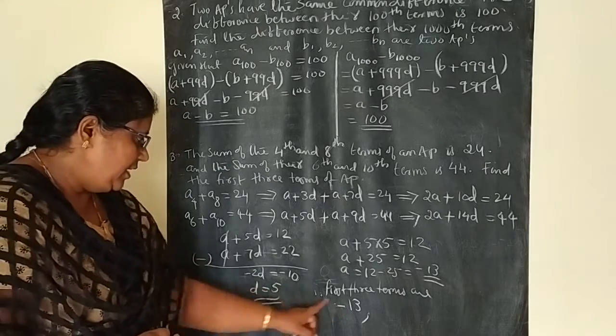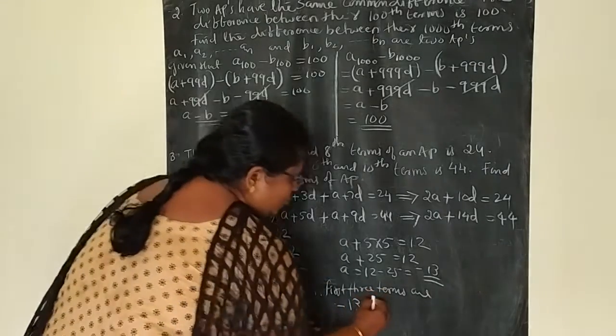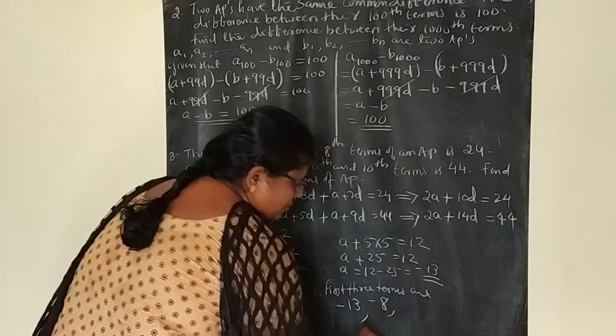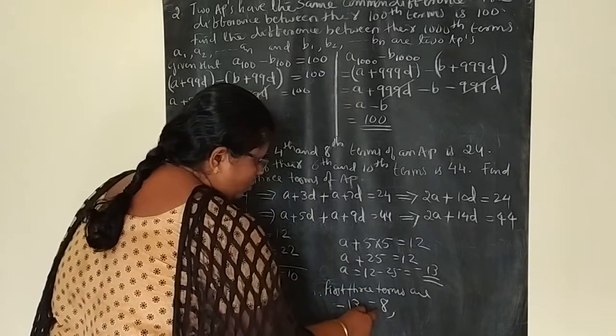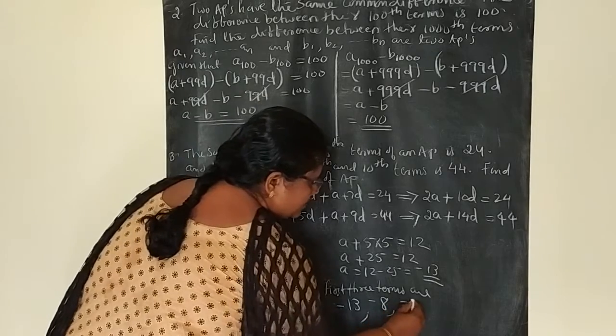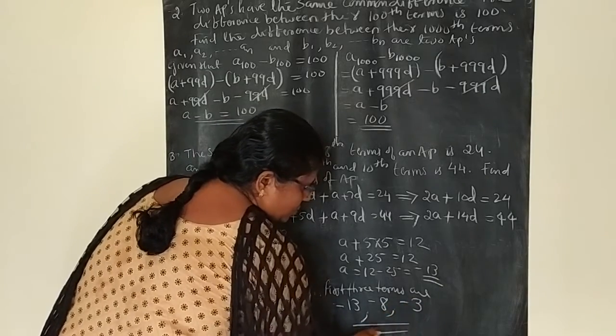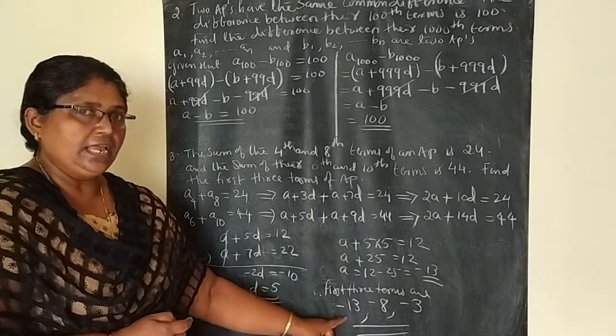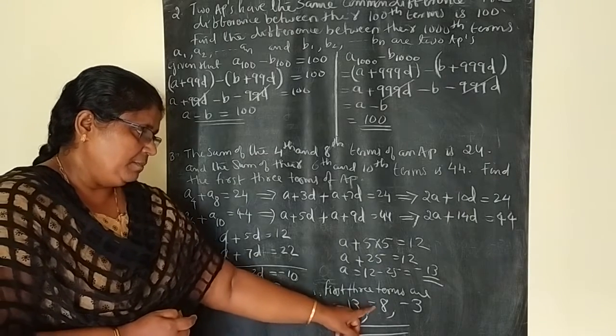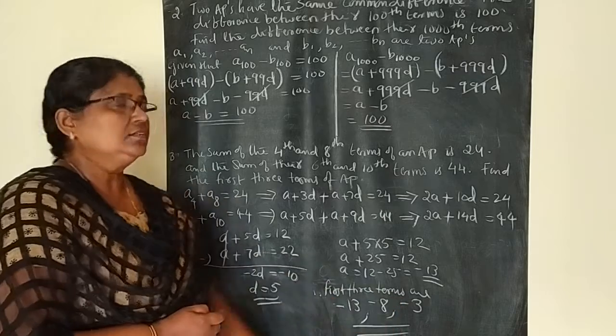So minus 13 plus 5 is equal to minus 8. For getting the next term, again add 5. So minus 8 plus 5 is equal to minus 3. So these are the first 3 terms of the given AP: minus 13, minus 8, minus 3.